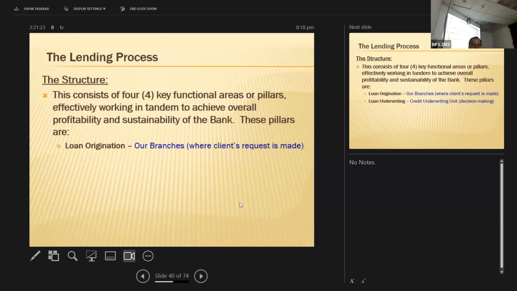Most of you probably have already done this, so I don't need to wait for you to fill in your blanks. Those who haven't, go back and do it because the PowerPoint presentation was sent to you in any event. So then there's loan underwriting. That's the credit underwriting unit or the decision-making unit.